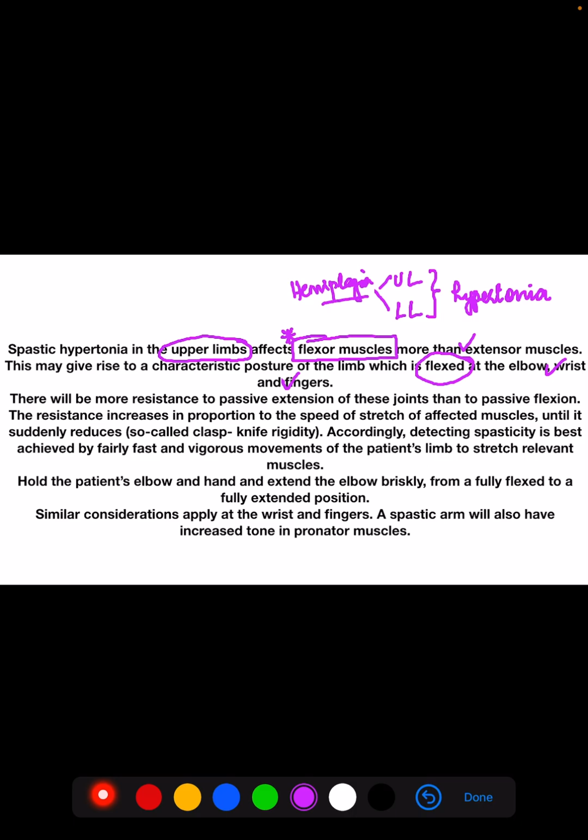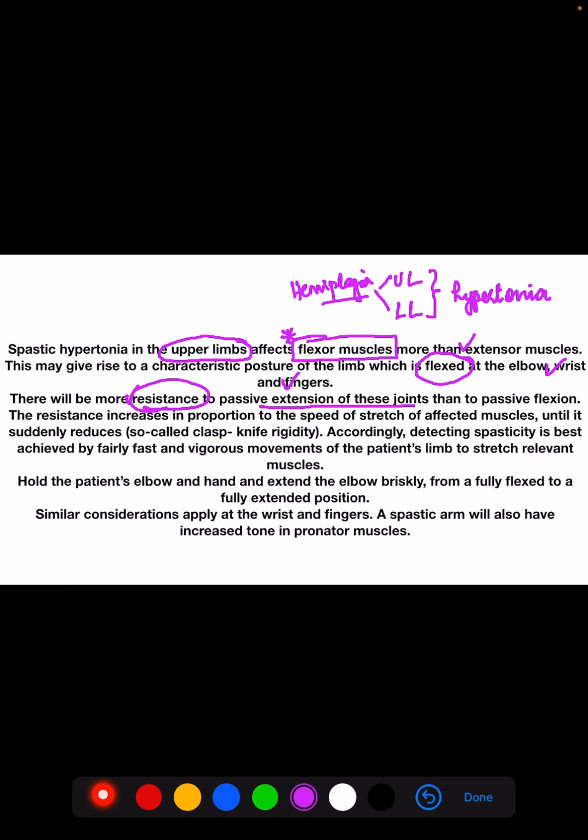Okay, so because there will be flexion at the elbow, wrist and fingers, and tone is more in the flexor muscle, when we try to extend, resistance will be more. Okay, more resistance will be there to passive extension of these joints.